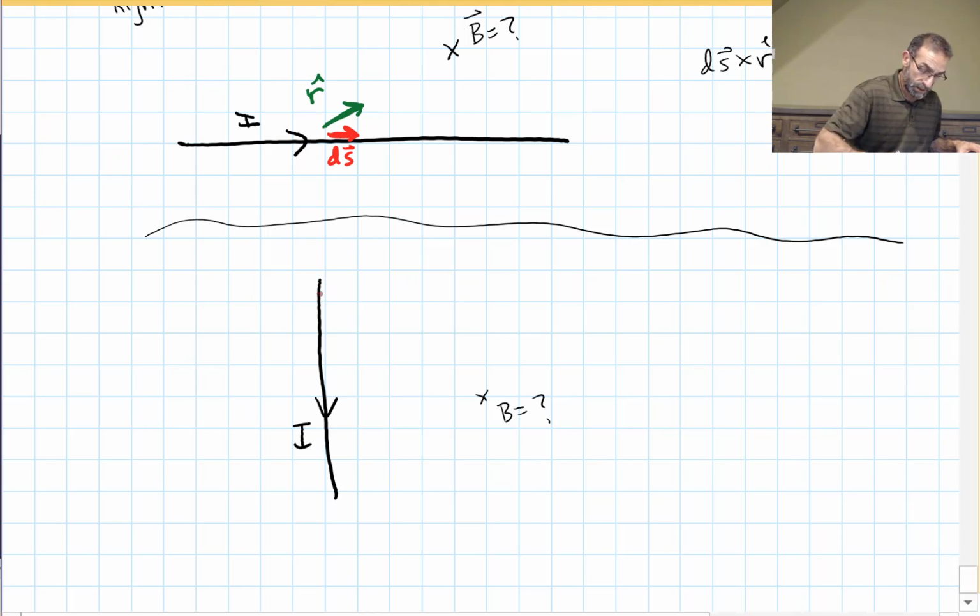Pick some element here. ds cross r hat is what direction? Out of the page.